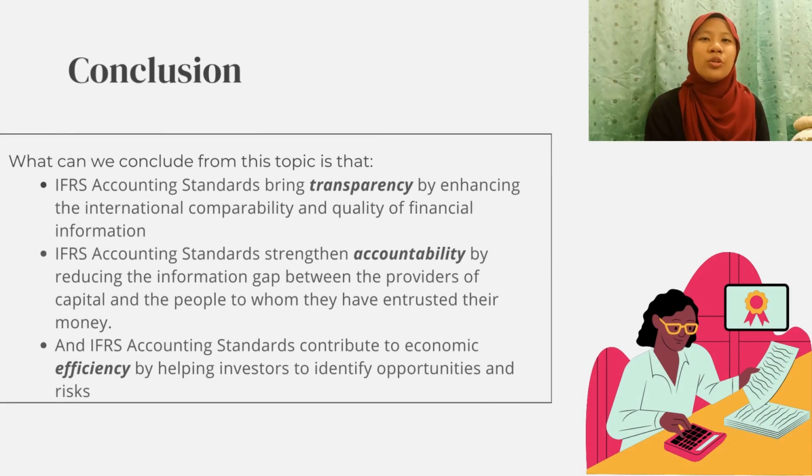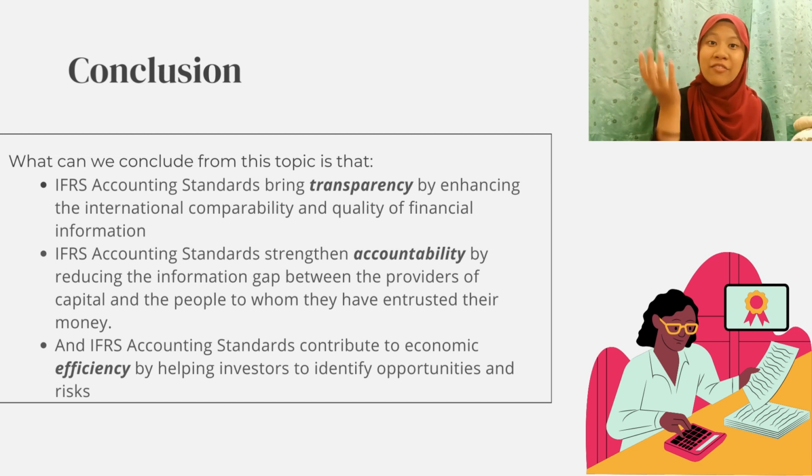So to conclude our presentation, we learned that IFRS accounting standard adoption brings transparency by enhancing the international comparability and quality of financial information, enabling investors and other market participants to make informed economic decisions.